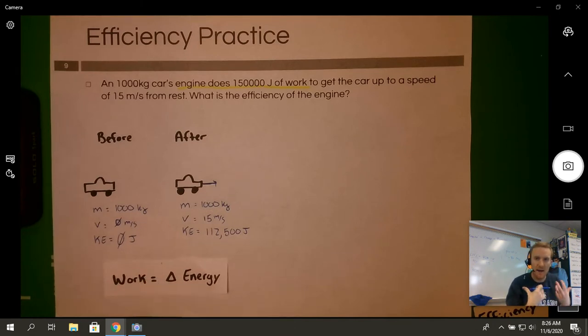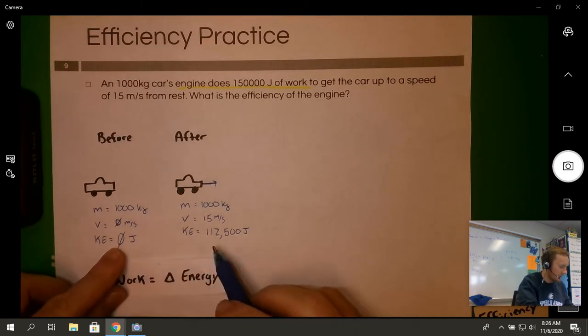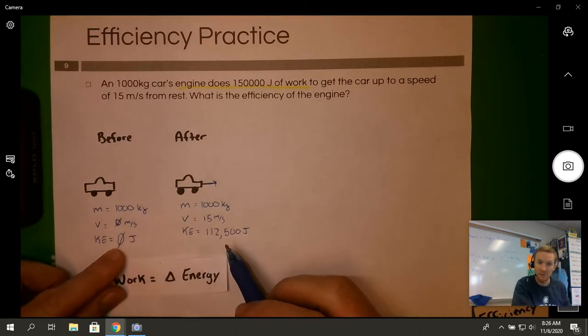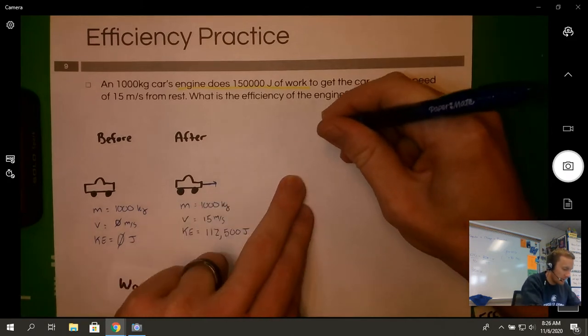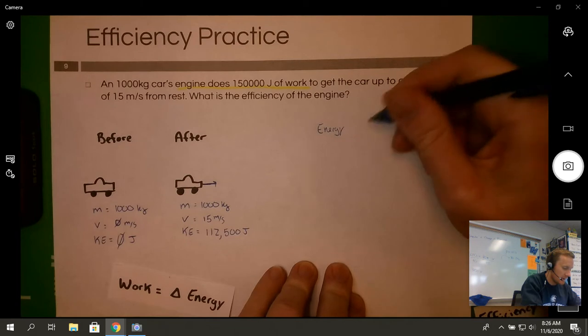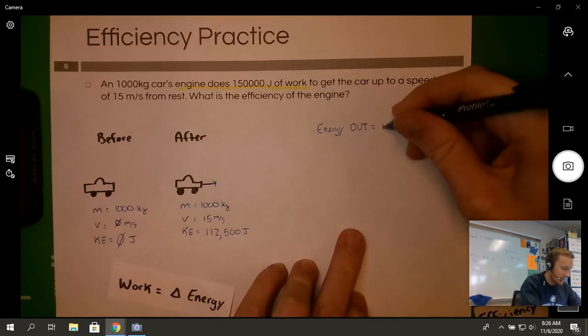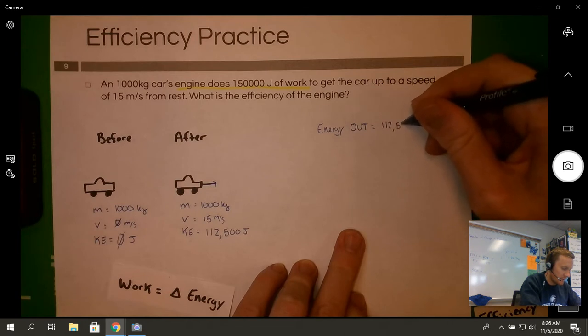Okay, this is what we got out of the whole process. The change in energy from 0 to 112,500 is, of course, 112,500. So the energy that we got out of the system is that value there.